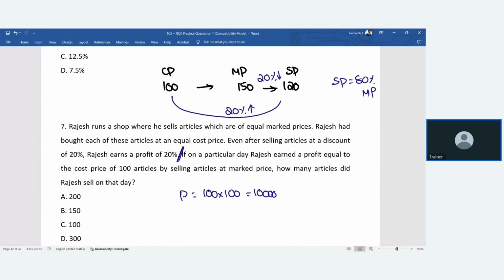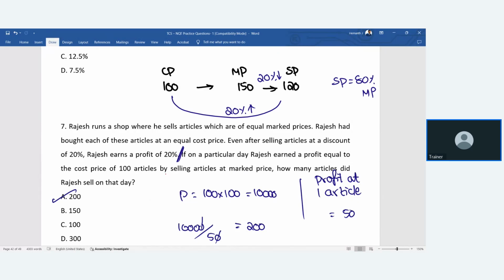Right, so if you sell it for the marked price, the profit on one article will be equal to 50 rupees. Then divide by 50, how many articles you sold: 10,000 divided by 50, which is 200. You sold 200 articles, then only the profit equal to the cost price of 100 articles, 10,000, will be obtained.